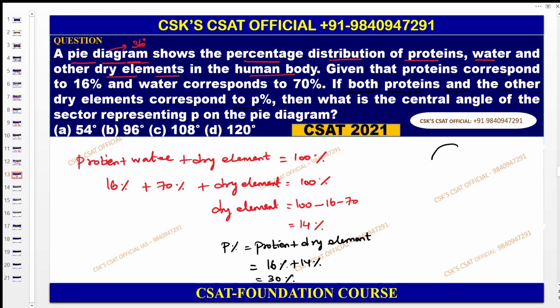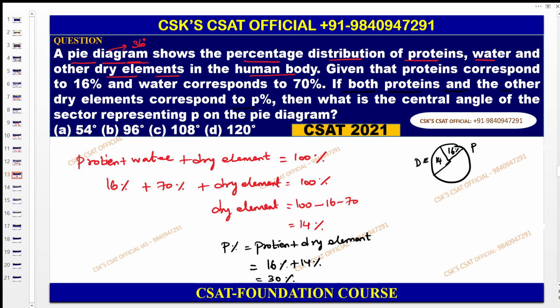Now you can make a diagram here. You take this as the protein one, so this is nothing but 16%. The next smaller one is 14%. These are the dry element.